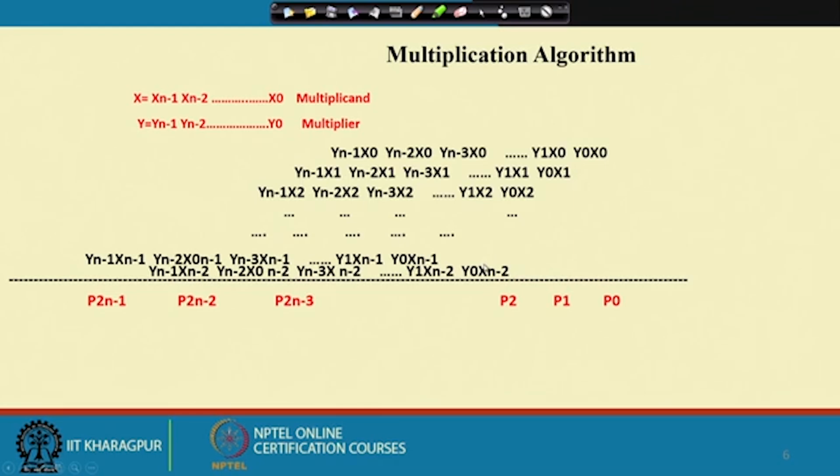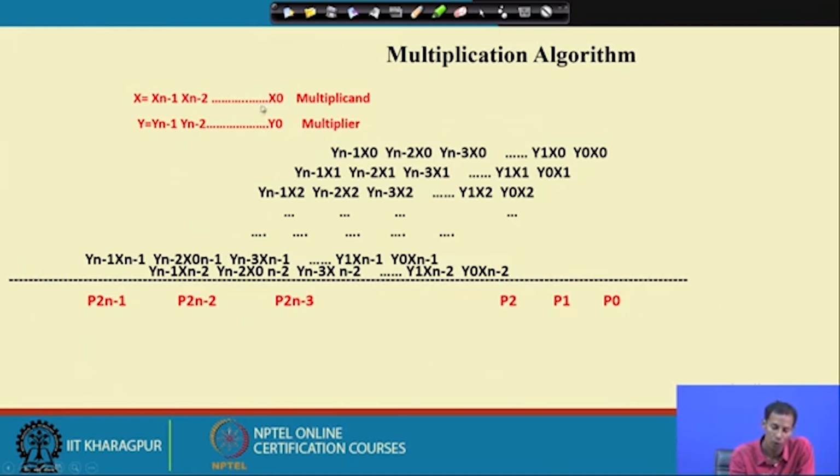Then in the next row, x1, the next bit, will be multiplied with y. But as I said in the beginning, these numbers are weighted. Here it is not 2 to the power 0, it is 2 to the power 1. Whenever I am considering the x1 bit in binary, I have already considered the weight of 2.